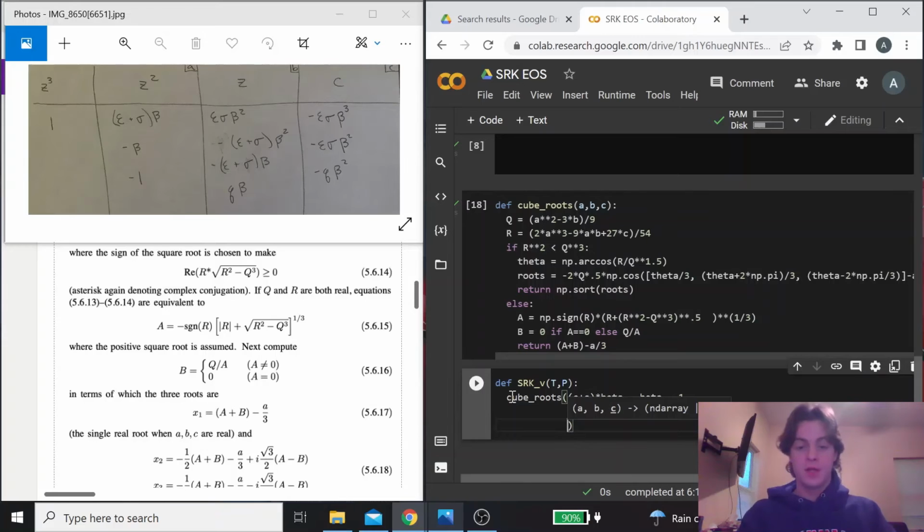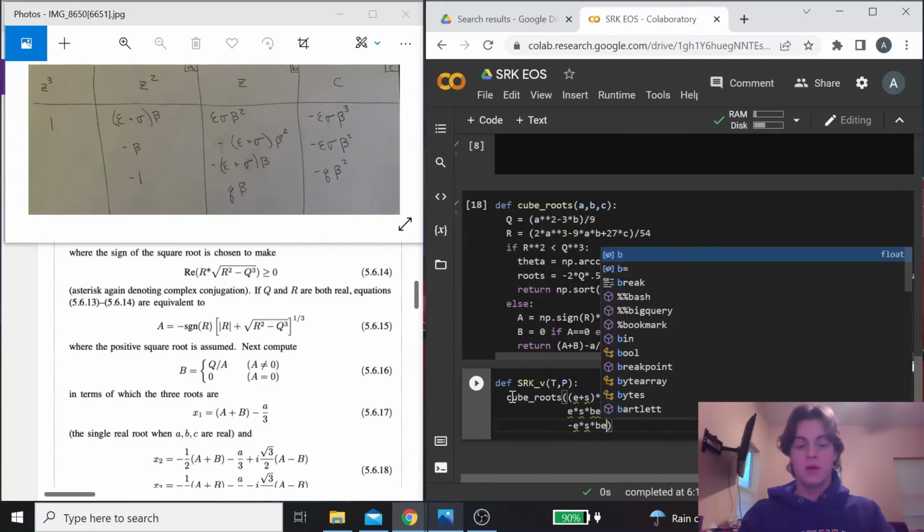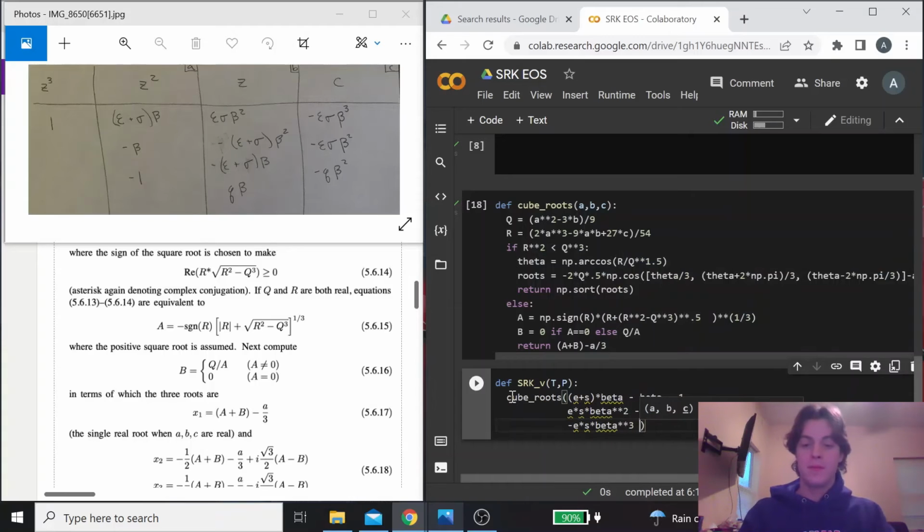And now for the c coefficient, it will be negative epsilon times sigma times beta cubed minus epsilon times sigma times beta squared minus q times beta squared. There we go. And this will be our z roots.